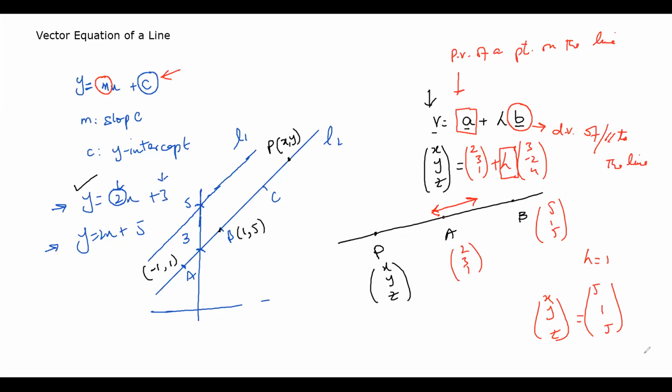Okay, so using all this information, you can learn how to write the vector equation of a line. When you have to write the vector equation of a line, you will be starting with R is equal to A plus lambda B. First of all, the very typical situation is when you have been given 2 points on the line. For example, there is a point OA, which is 3, 2, 1, and there is a point OB, which is 5, 4, 6.